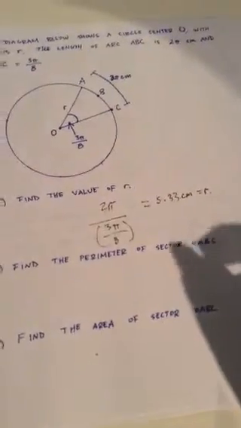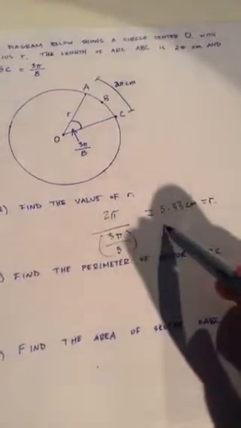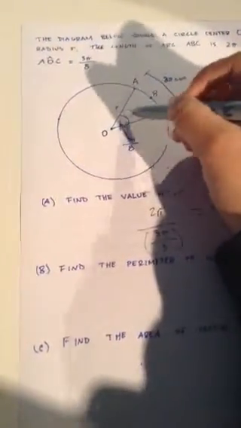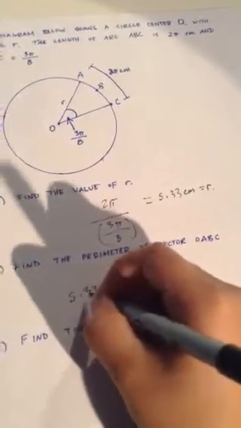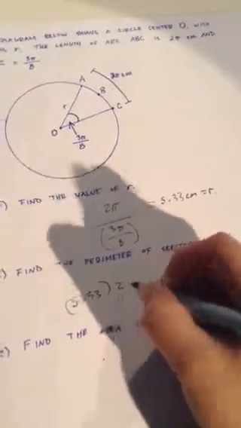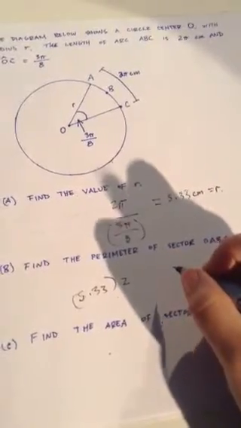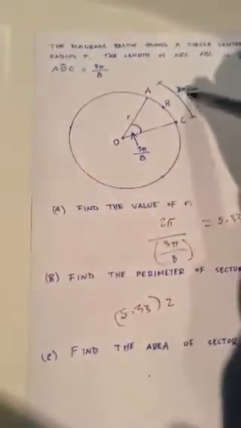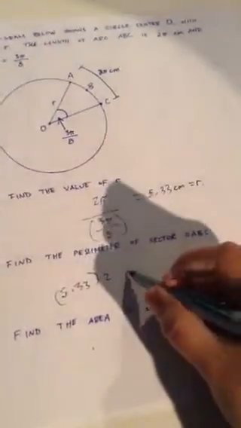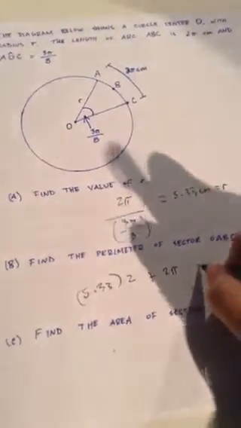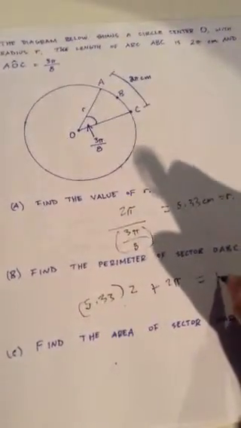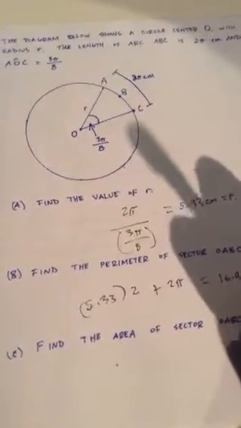And to find the perimeter, all you have to do is pretty much get the radius that you have here, and you have 2 radiuses here, so you'd multiply that by 2, and then add your arc length. And that would give you a perimeter of 16.94 centimeters.